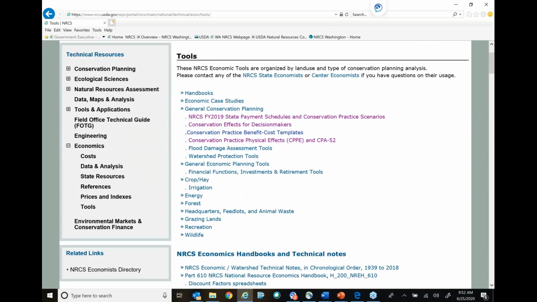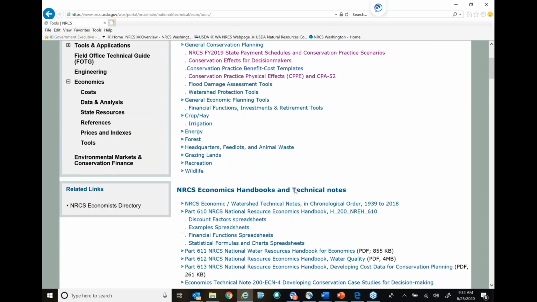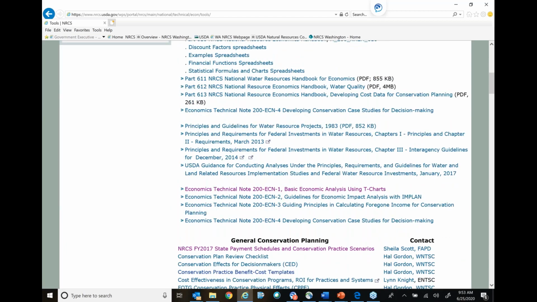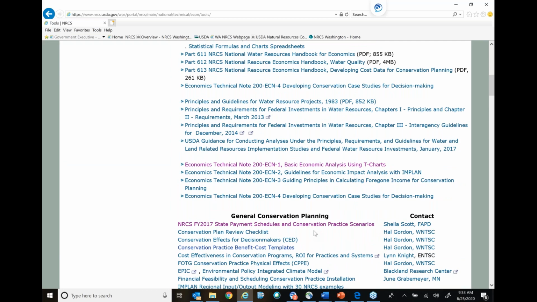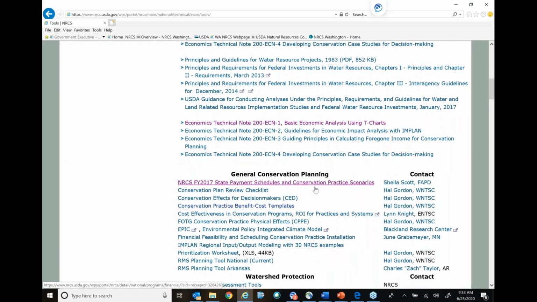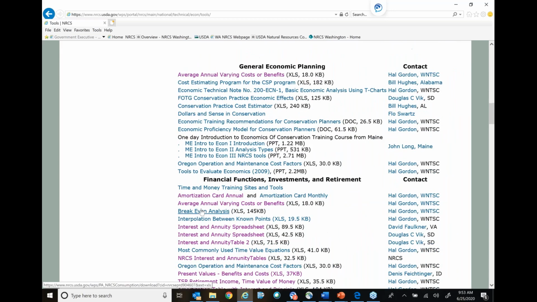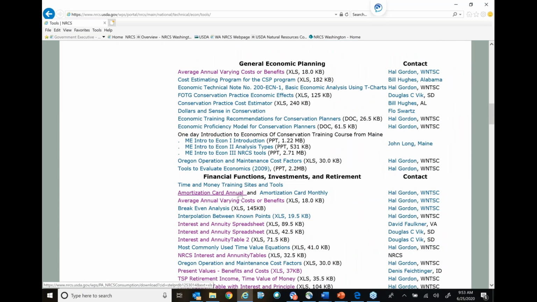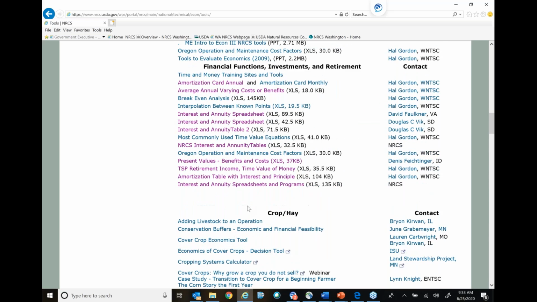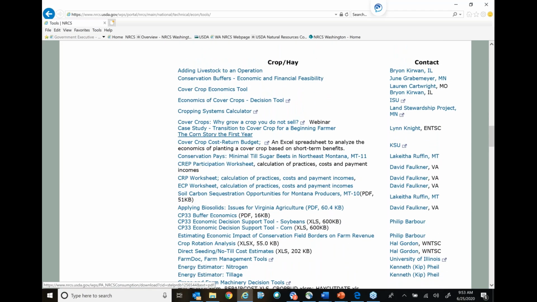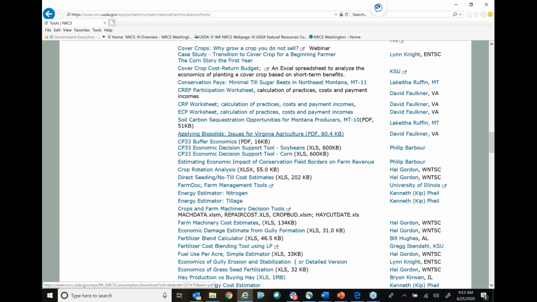And here's some of the tools that you can use on this. I use the T-chart, payment schedules, and down here is that amortization card that I was showing you as part of the presentation, and just a lot of different tools and information that you can use to help fortify whatever economic discussion that you want to have with your landowner.